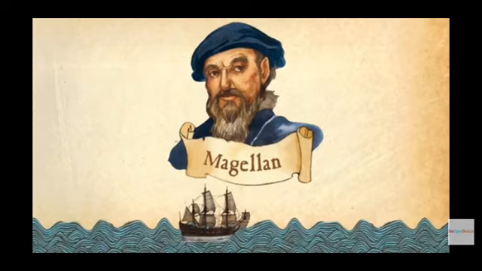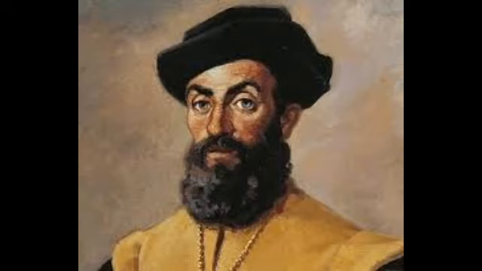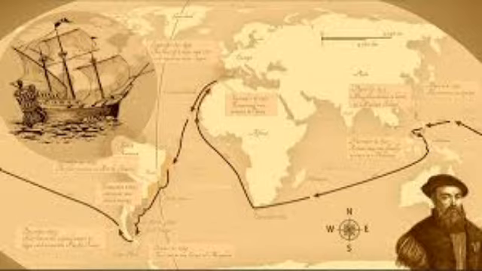Next, Magellan was the first person who voyaged across the globe. The Magellan expedition, also known as the Magellan-Elcano expedition, aimed to find a maritime route sailing westwards from Europe to the East Indies across the Pacific Ocean, ultimately resulting in the first recorded circumnavigation of the earth in 1522.